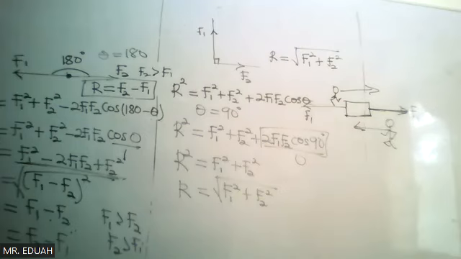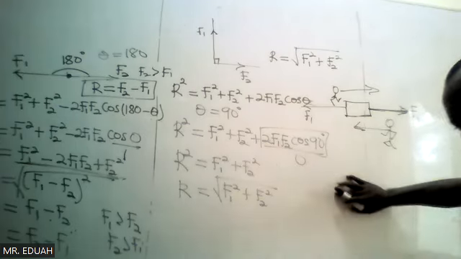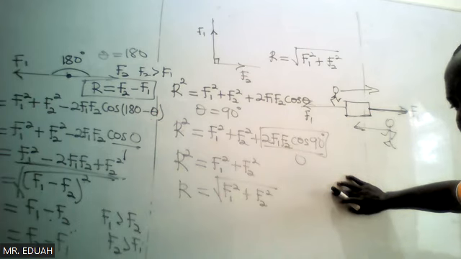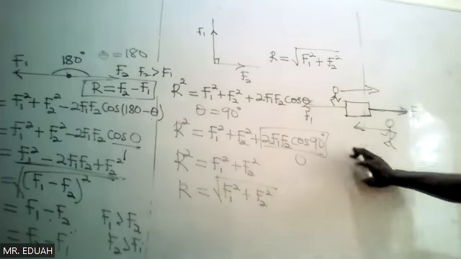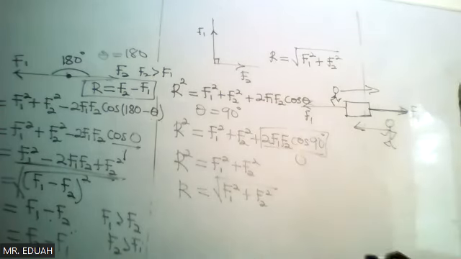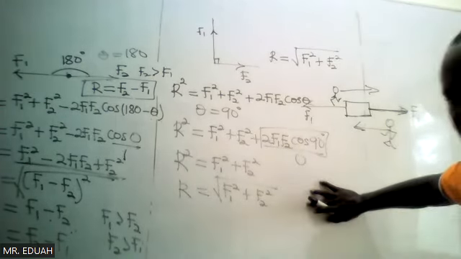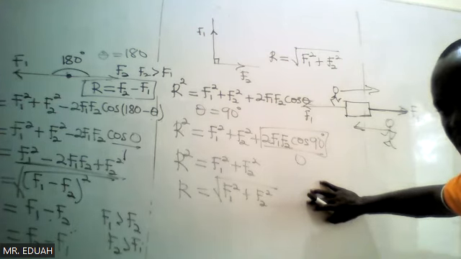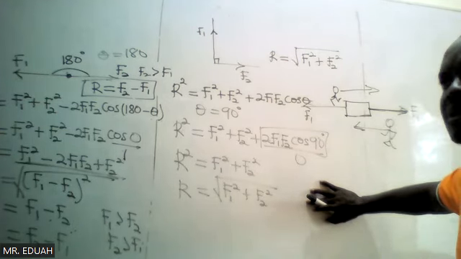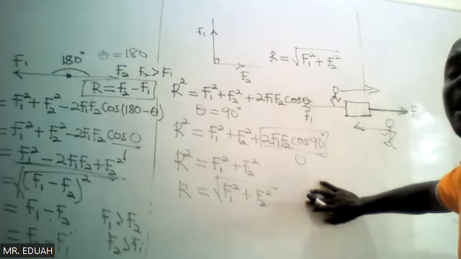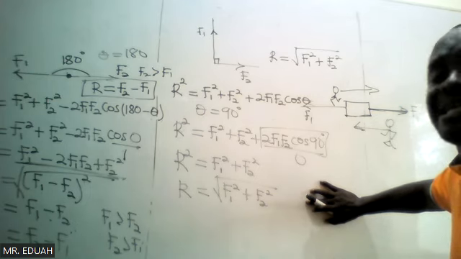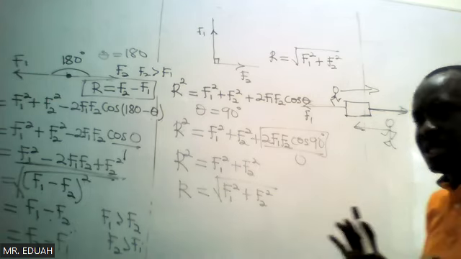Sir, does it have theta? When two forces are parallel to one another, theta is equal to 0. But here theta is equal to 180 because you are pushing in opposite directions.